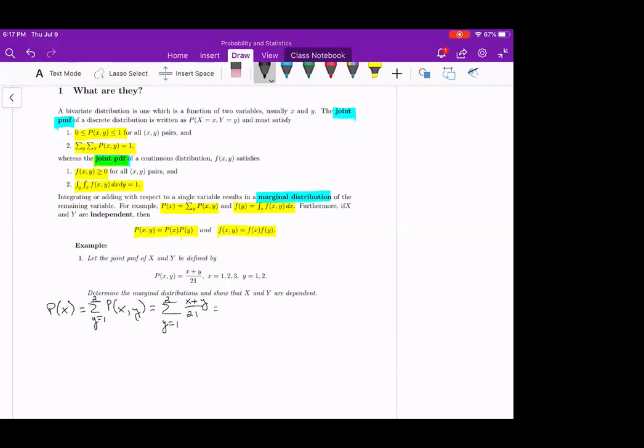Now remember, again, we're summing across Y. So when Y is 1, we have X plus 1 over 21. And then the sum, the capital sigma notation, means add. Now when Y is 2, so that's going to be X plus 2 over 21. And these have a common denominator, and so adding the top gives you 2x plus 3 over 21. And x remains the same as being 1, 2, or 3. And so that is the marginal distribution of x.